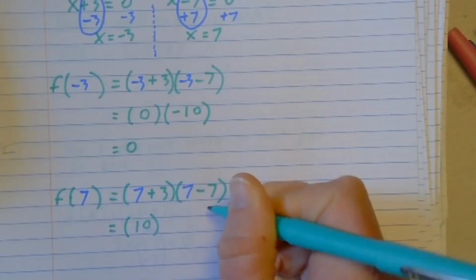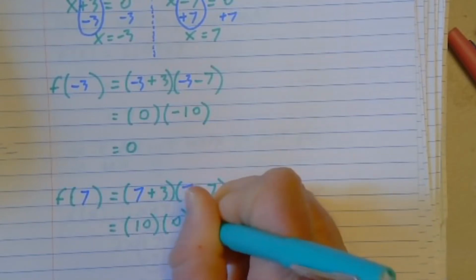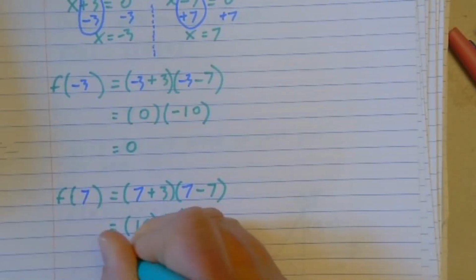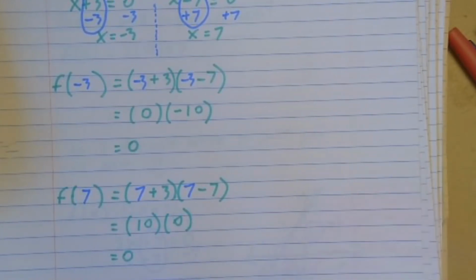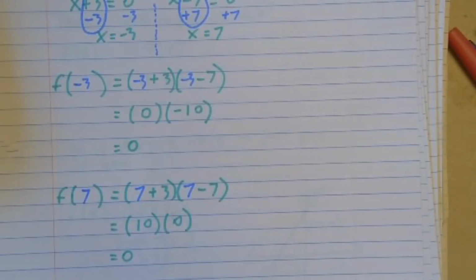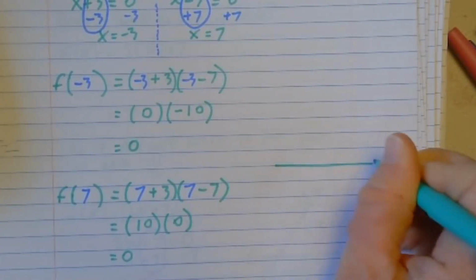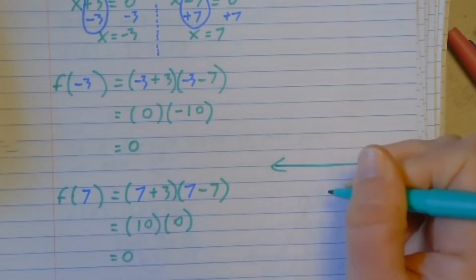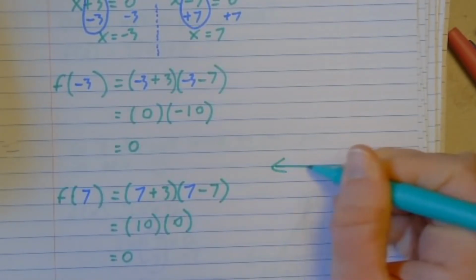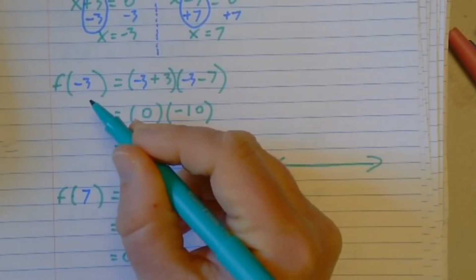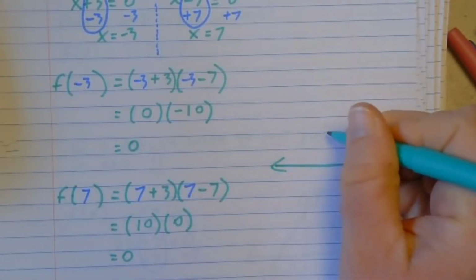But 7 minus 7 is equal to 0. 10 times 0, because of the zero product property, will be 0. So if I put in 7, I also get 0 out. And this tells me one of the pieces of information that I would need to graph this function. It tells me in my sketch of the graph that I will have roots, that I will have x-intercepts at -3 and at 7.